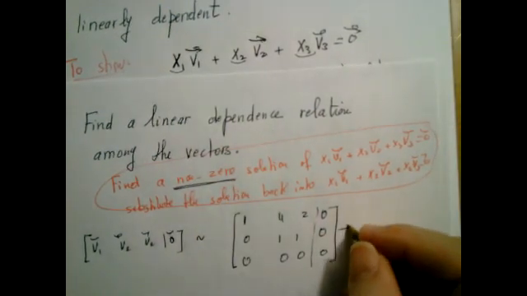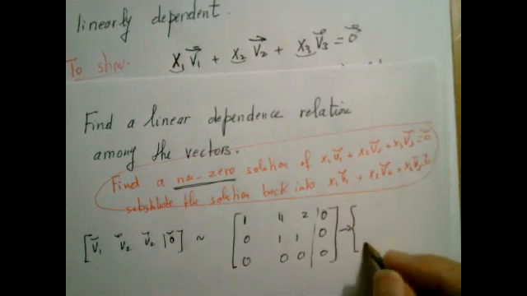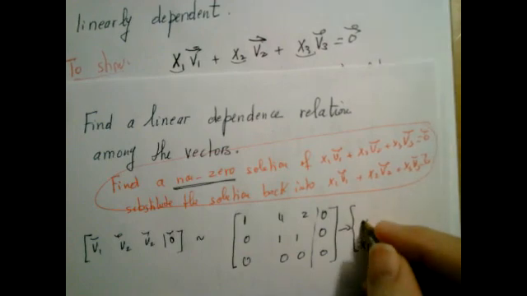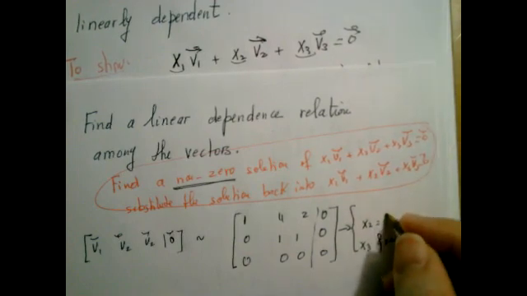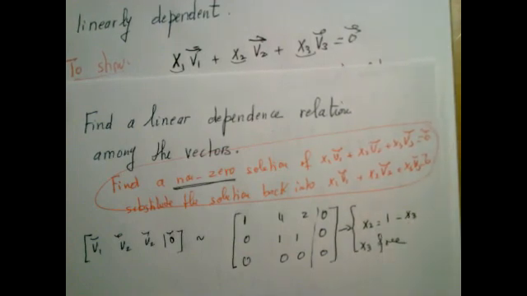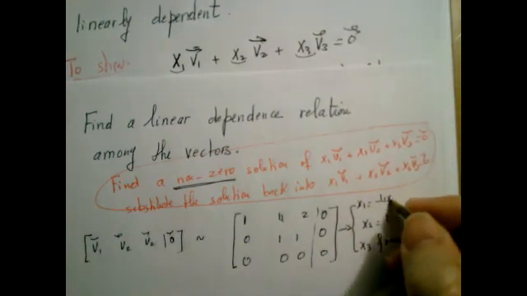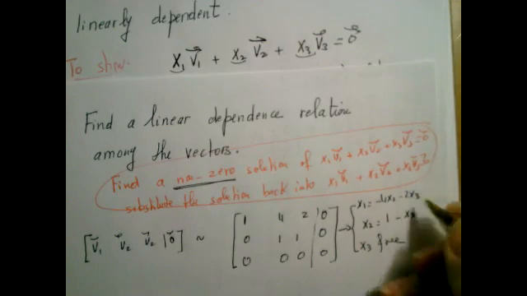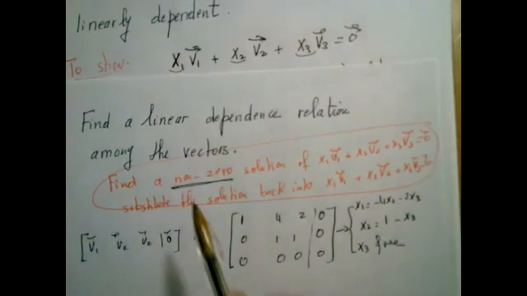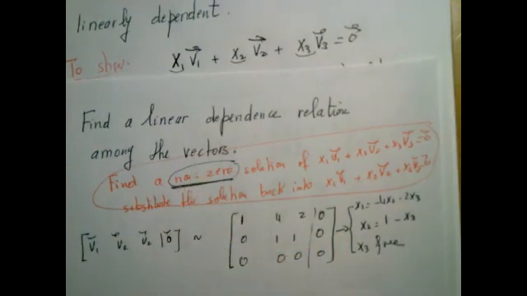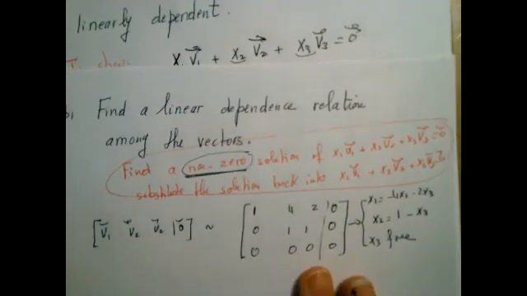So let us solve. I have x3 free, x2 is 1 minus x3, and x1 is minus 4x2 minus 2x3. Remember, I'm not asking for a general solution. I want one non-zero solution, not all of them in this problem.